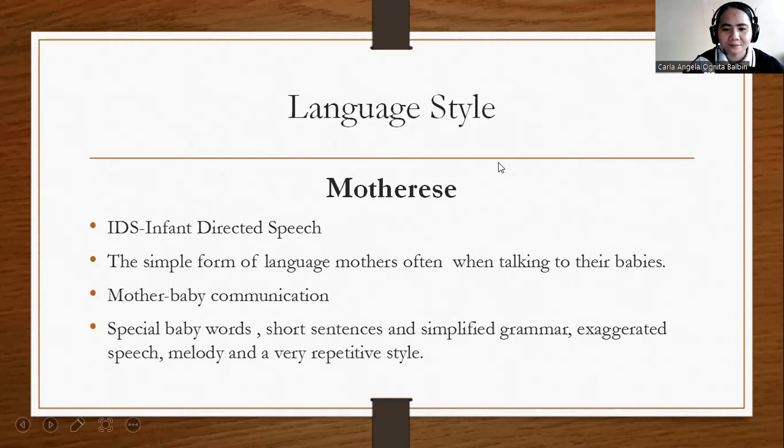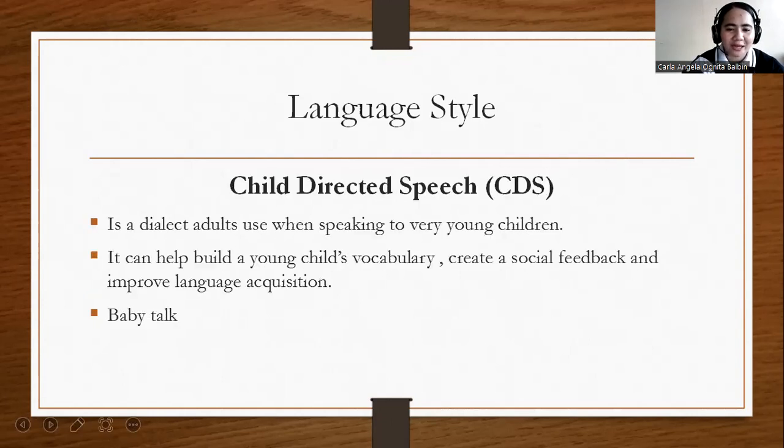Okay, next. The next one is child-directed speech, or what we call CDS. It's a dialect adults use when speaking to very young children. It can help build a young child's vocabulary, create social feedback, and improve language acquisition. CDS is also known as baby talk. In child-directed speech, adults use simpler language when talking to small children.